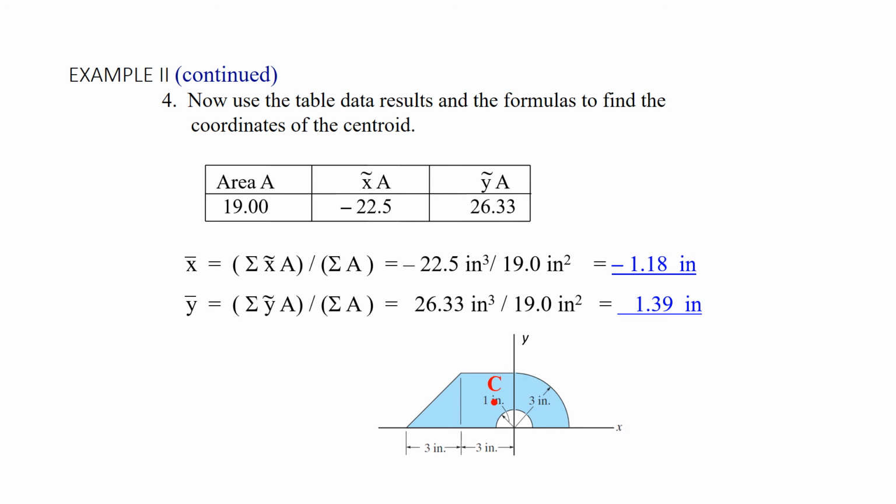Similarly, y bar is the sum of the y tilde A's divided by the sum of the areas. So notice that the denominator is the same for both of these terms. We just use different columns in the numerator. And that's how you handle a composite area. These we do want you to be able to calculate.